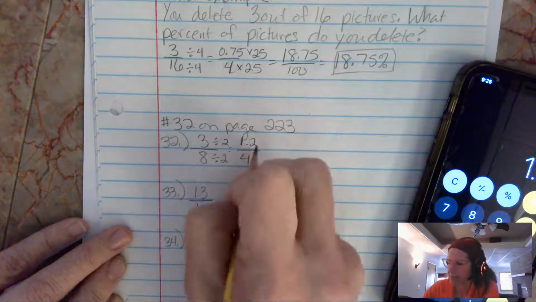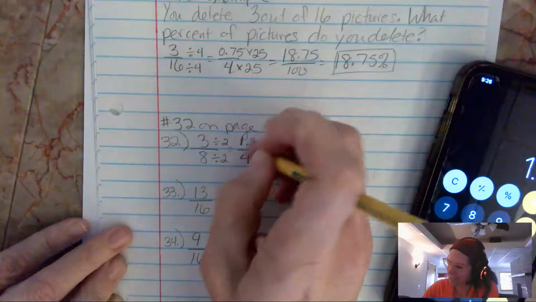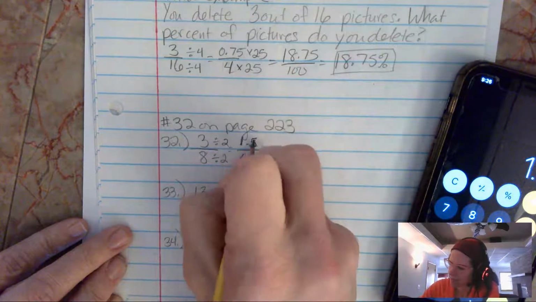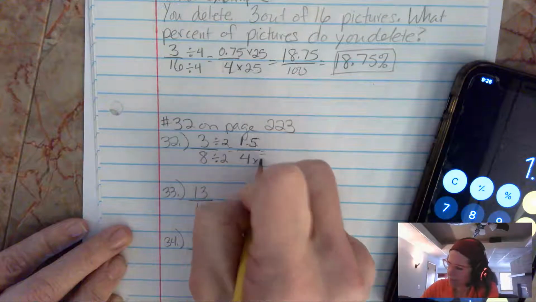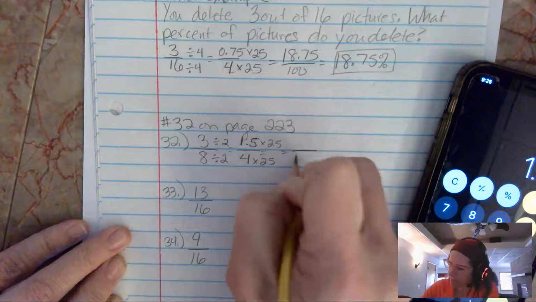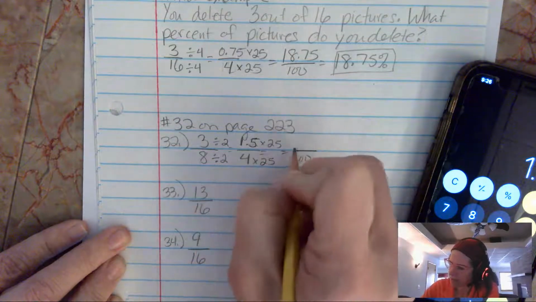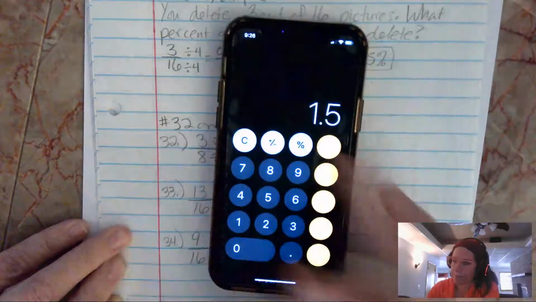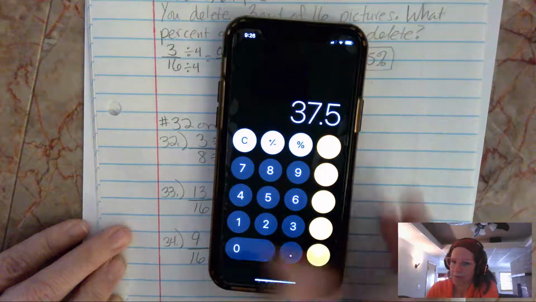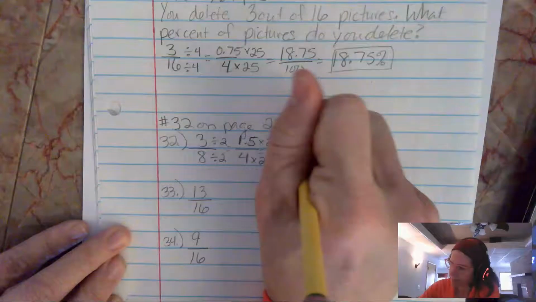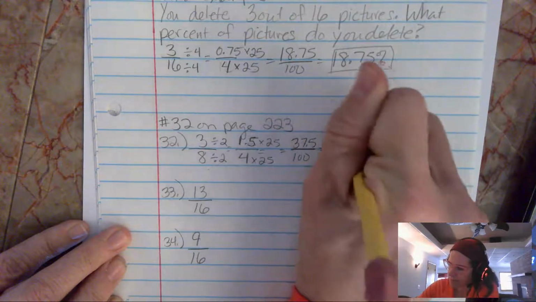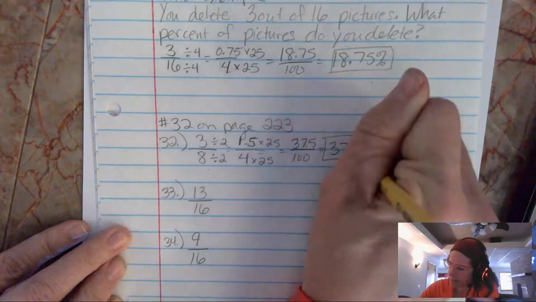And then I still have to get my denominator to 100. So I multiply by 25 here, multiply by 25 here, and I have 100. So I have 1.5 times 25. My answer is 37.5. There we go.